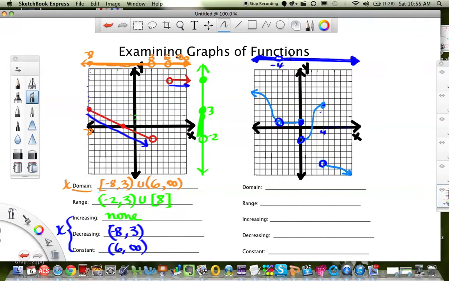So if I'm describing this line right here, this would be negative infinity, and then there's this break at negative 4, but then it continues off into positive infinity. So I would write that in interval notation as negative infinity to negative 4, union that with, it picks up after negative 4 again and goes to infinity.